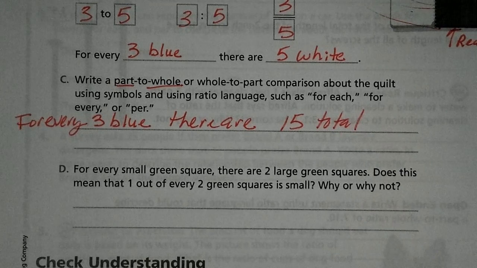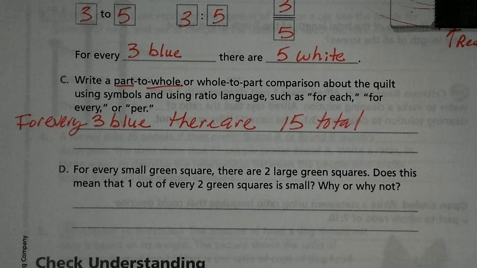All right, so D says for every small green square, there are 2 large green squares. Does this mean that 1 out of every 2 green squares is small? So let's think about that.